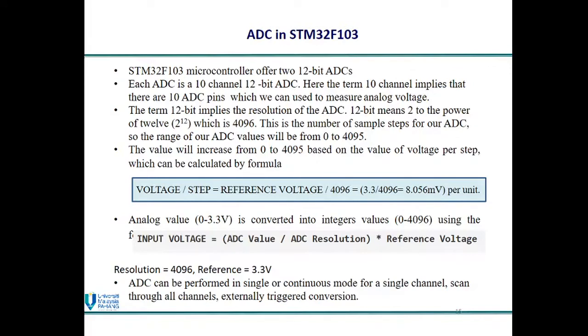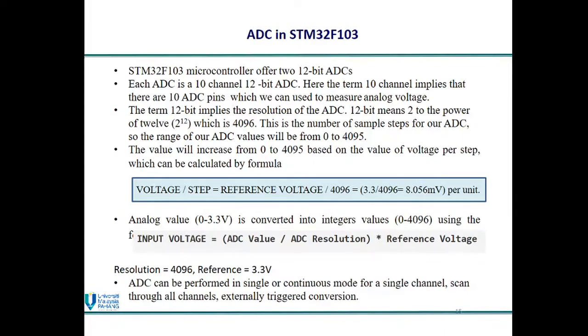The value will increase from 0 to 4096 based on the value of the voltage per step, which can be calculated by the formula. Using this formula, we will get each step is 0.8056 millivolt per step.